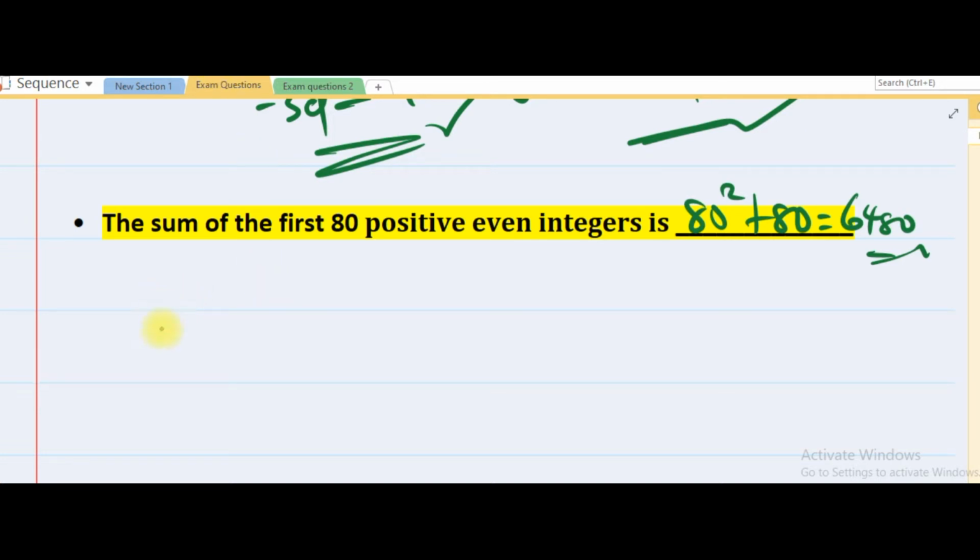But let's prove it. The sum of the first n positive even integers. Starting from the first positive even number, which is 2, the next one is 4, and so on up to 2n.